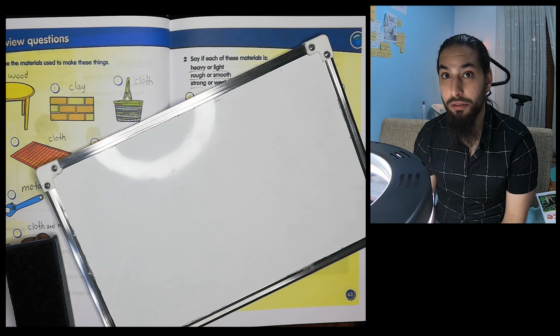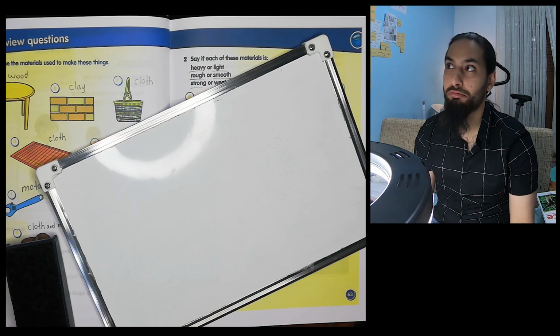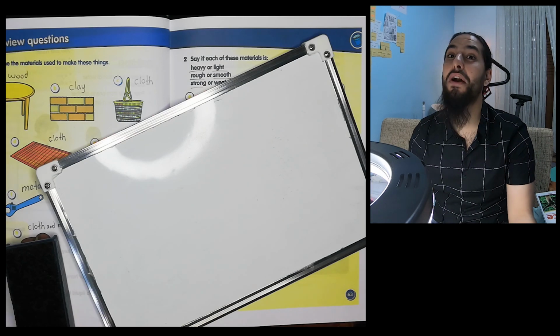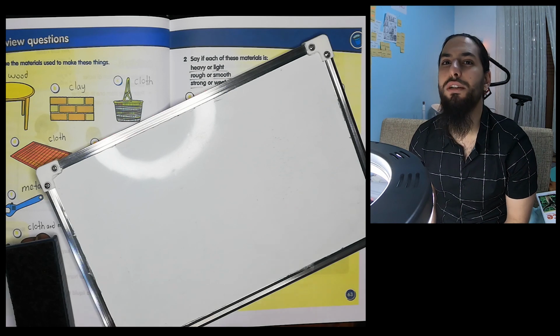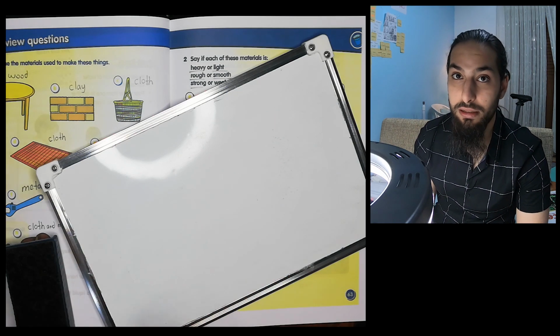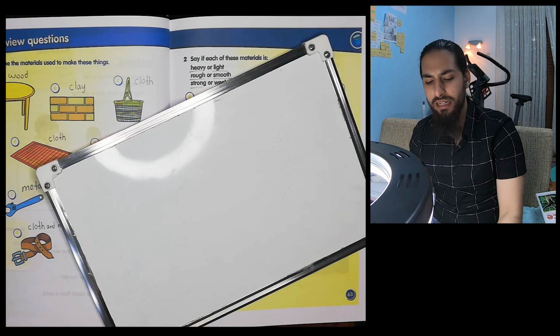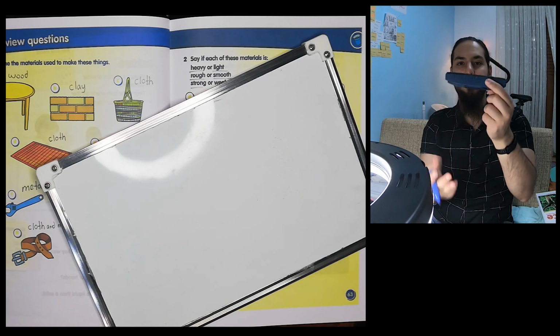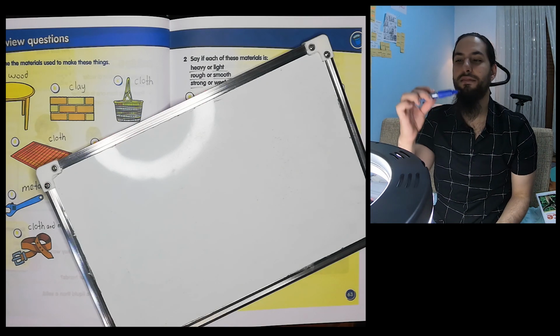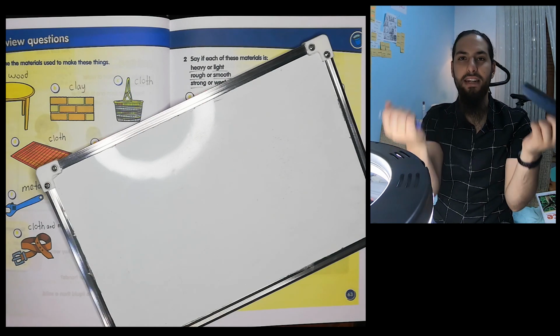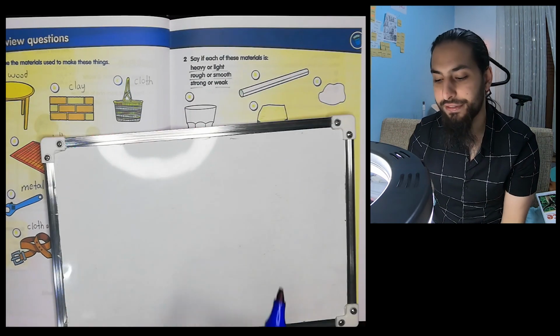A big box that is full of, let's say, food that is very heavy and you can't carry it alone, so you need help. So that is something that is heavy. Something that is light, like this. This eraser is very light. So I can carry it with one hand. So this is light and heavy.